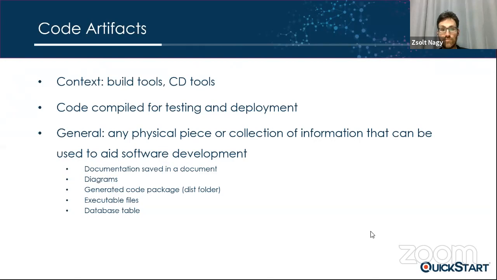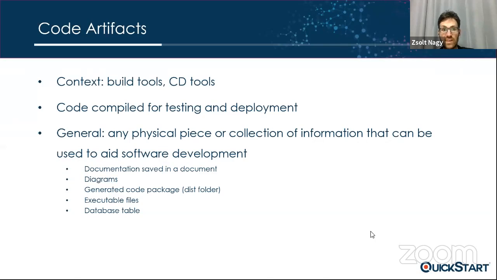In the context of CD tools and build tools, we're using artifact as something that is compiled for testing and deployment. For example, a bundle file for distribution, so the dist folder of an application, that's an artifact. But as I said, in general, any information in the context of the software can be used as an artifact, such as documents, diagrams, and even database tables.